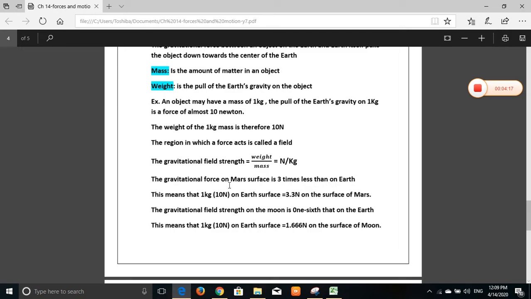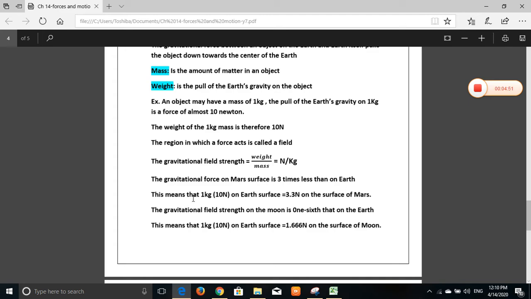The gravitational force on Mars, this is about planets. All of you know we have 8 planets: Mercury, Venus, Earth, Mars. The gravitational force on the Mars surface is 3 times less than on Earth.